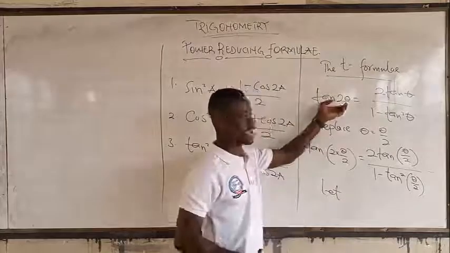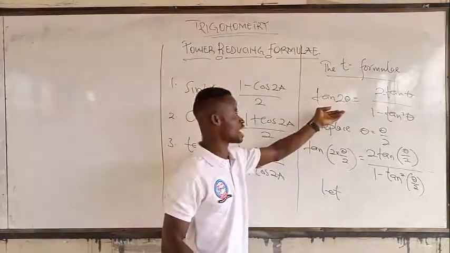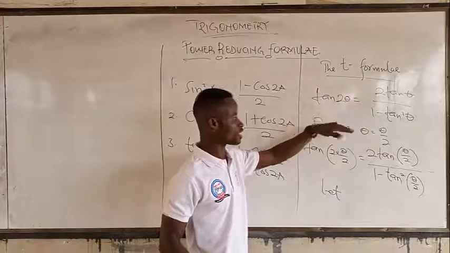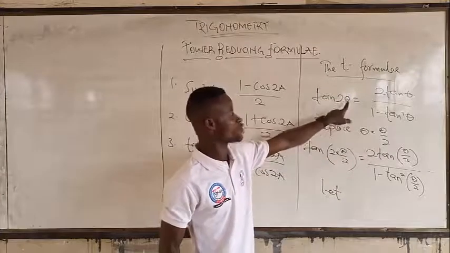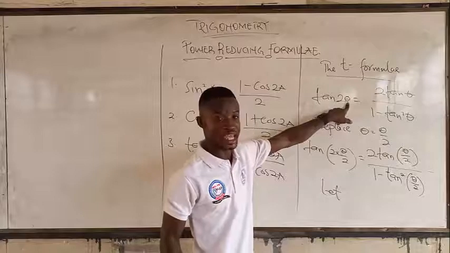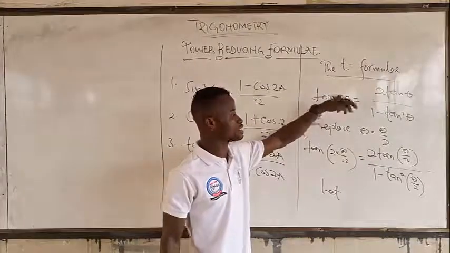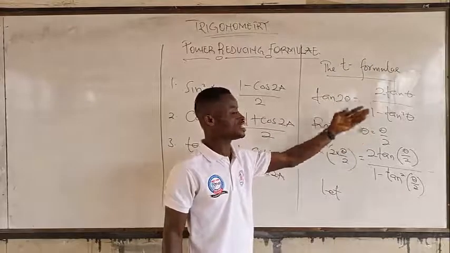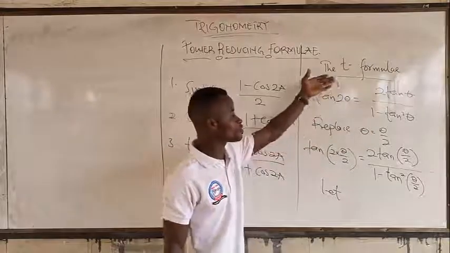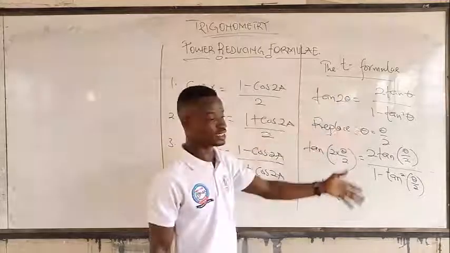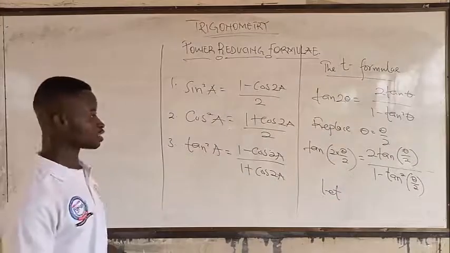All that we did here is quote the double angle for tan, then if your argument is 2A, you replace A by A over 2. But here we are using theta, so that's why we are using theta over 2. Whenever you see theta, replace that by theta over 2.